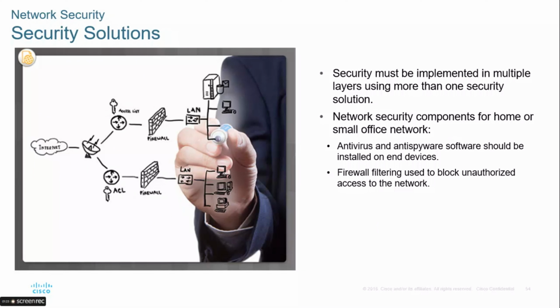Security solutions must be implemented in multiple layers, using more than one security component. Network security components for home or small office are different. For example, for home you can use antivirus and antispyware.